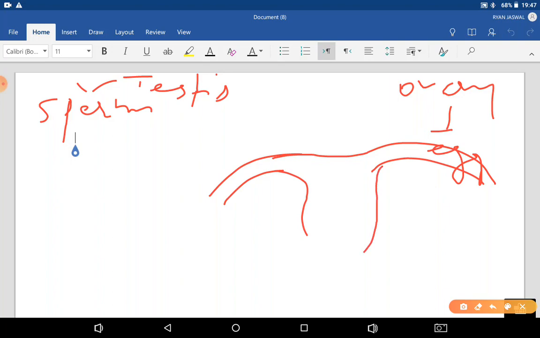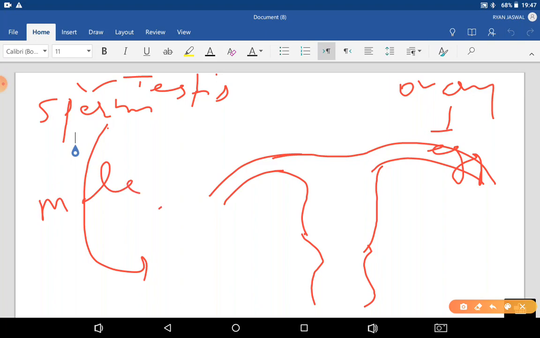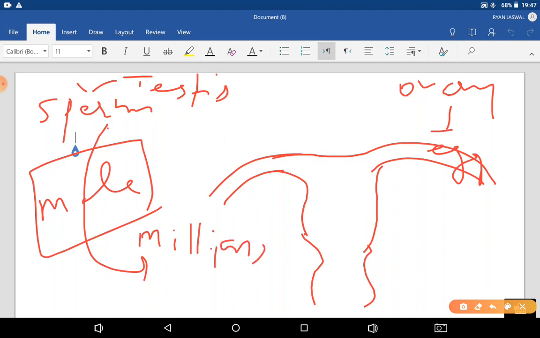The uterus was there, then another part, the vagina. Okay. When the sperm are released from the male genitalia, they are released in millions. They are not one or two. Millions of sperm are released. They are released here, so I can show it by dots. From here they reach here.